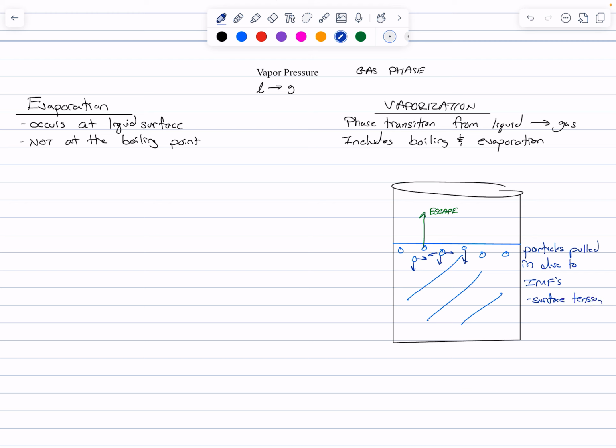So in that liquid, all those particles have a temperature. Let's dive into this.